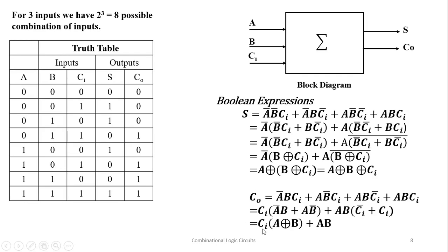If we manipulate this by taking CI common in these two terms, we are left with A exclusive OR B, and in the other two terms we have A B times C I plus C I bar. Using the rules of Boolean algebra, this is equal to 1, so we are left with this. So this is the simplified Boolean expression for the sum output, and this is the simplified Boolean expression for carry out.